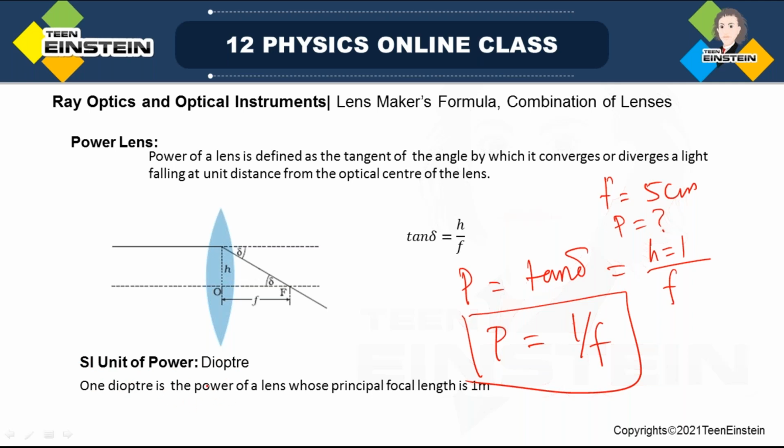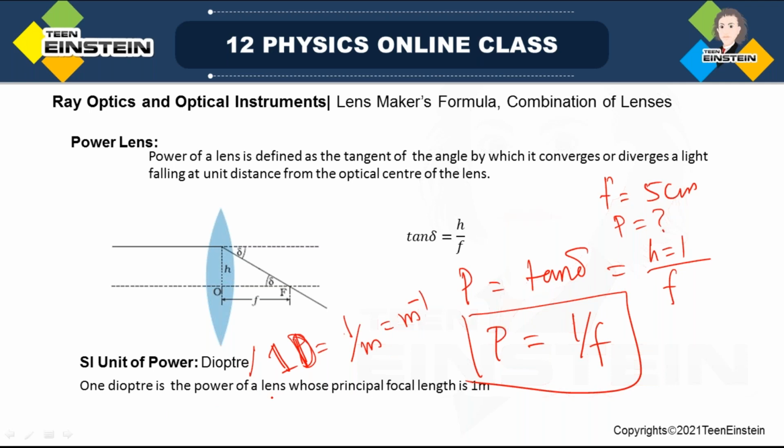The SI unit of power is diopter. Diopter means per meter. One diopter is per meter, 1 over meter.